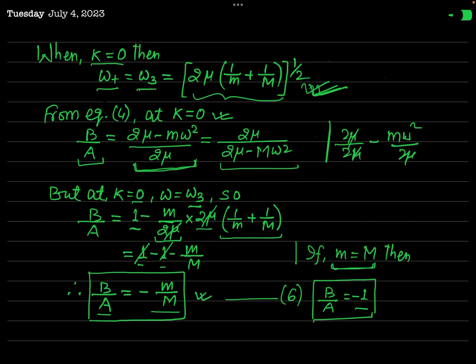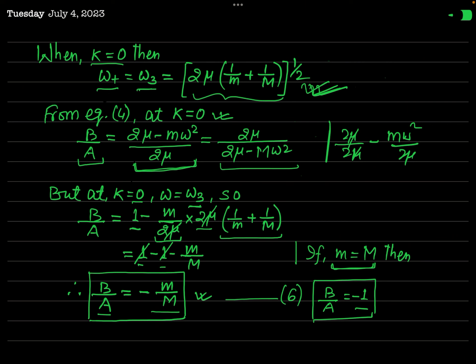This first result implies that when k is equal to 0, both the atoms of this lattice in the optical branch will vibrate in opposite directions.